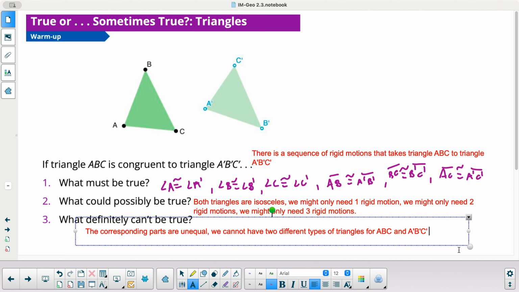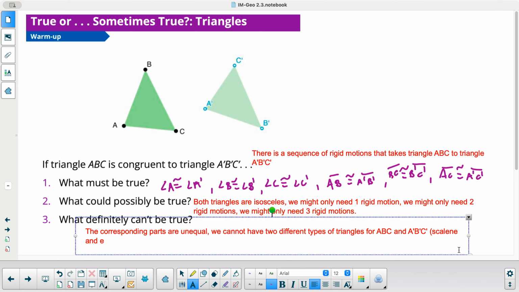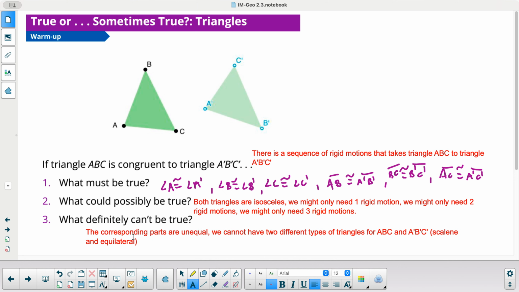Like for instance, scalene and equilateral. You can't have the original pre-image be scalene and then all of a sudden the image is equilateral. That can't be true. So all kinds of different things we could put there for possibly and can't be true.